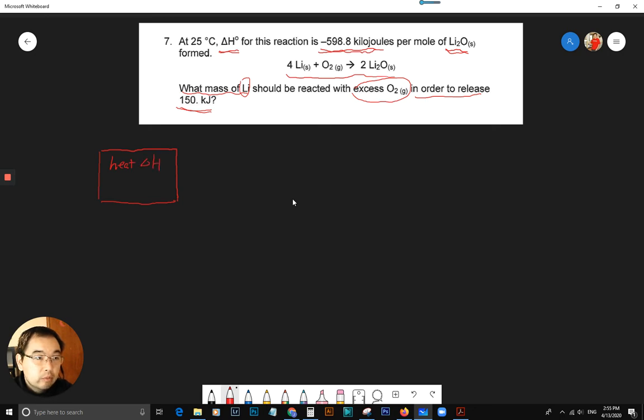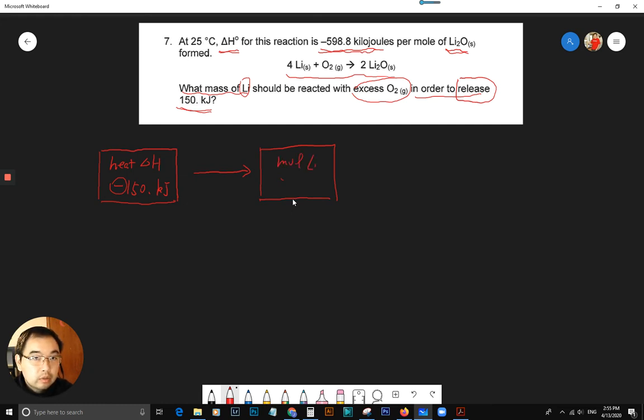The change of the enthalpy is negative 150 point kilojoule. Why is the negative sign? Because it shows it's a release the heat. So that's a negative.